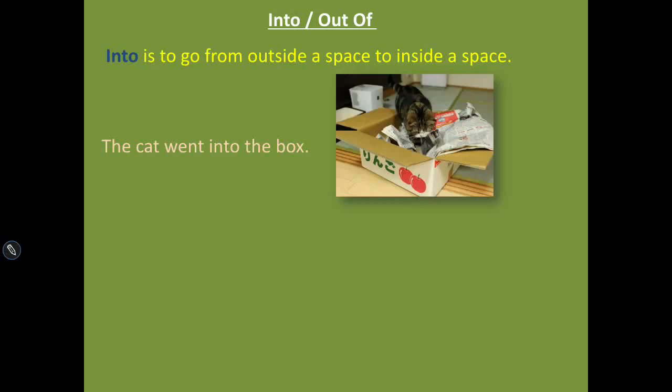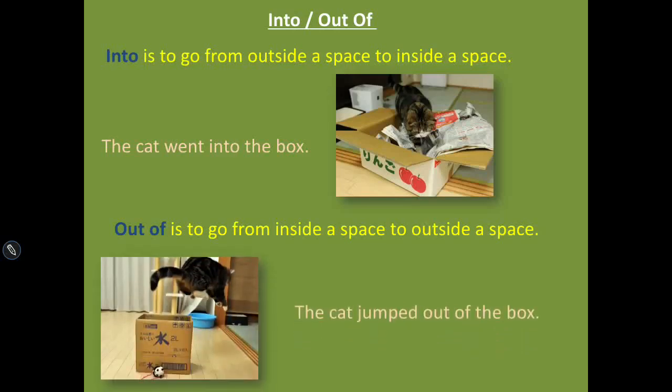That's why we can say here the cat went into the box. Whereas out of is to go from inside to outside. For example, you can see here in the box the cat is jumping out. The cat jumped out of the box.